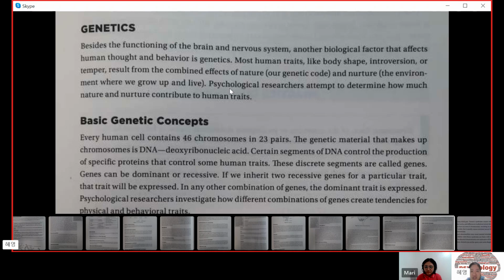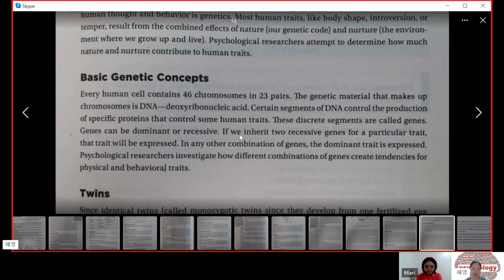Most human traits, like body shape, introversion, or temper, result from the combined effects of nature, which is our genetic code, and nurture, the environment where we grow up and live. Psychological researchers attempt to determine how much nature and nurture contribute to human traits.